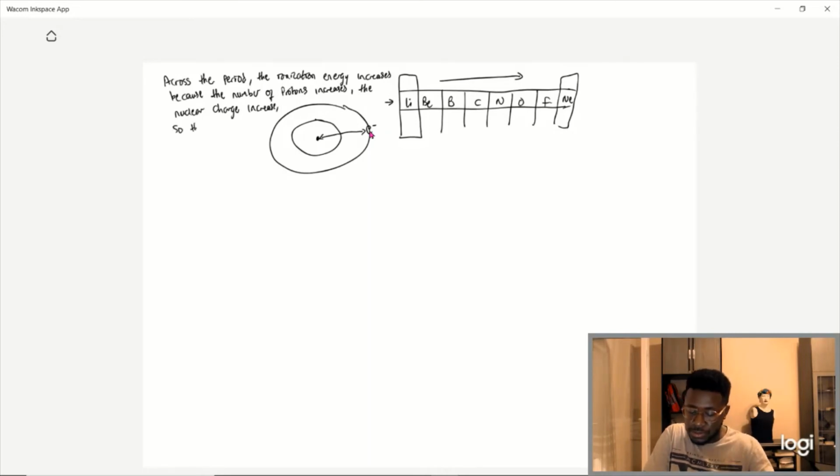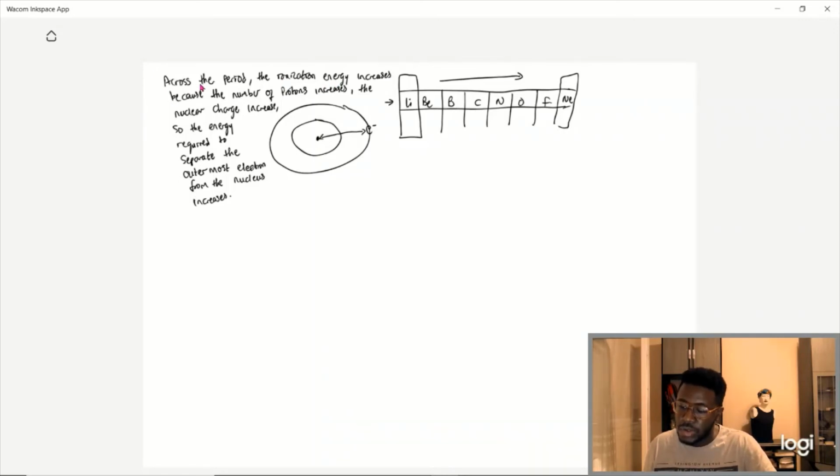So that is why the ionization energy increases across the period.